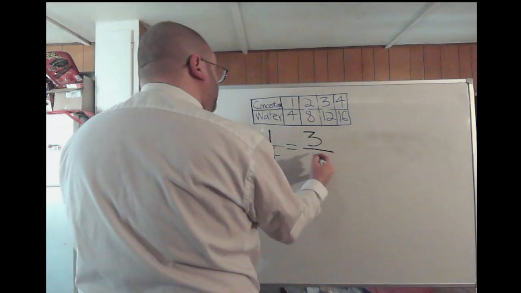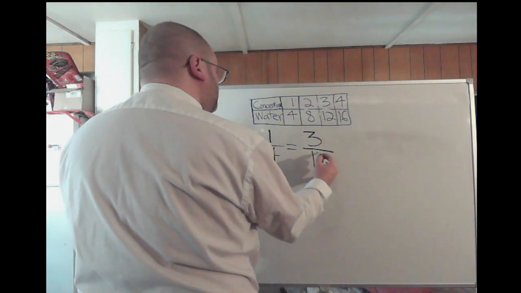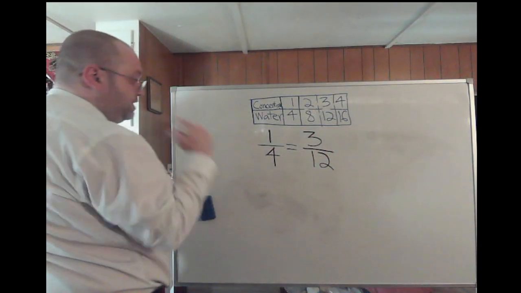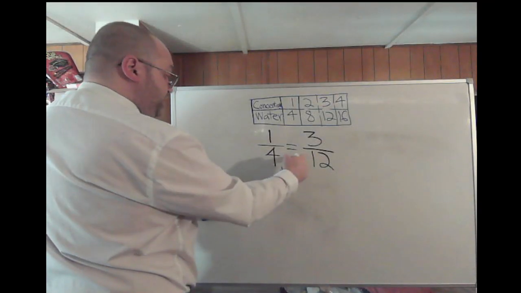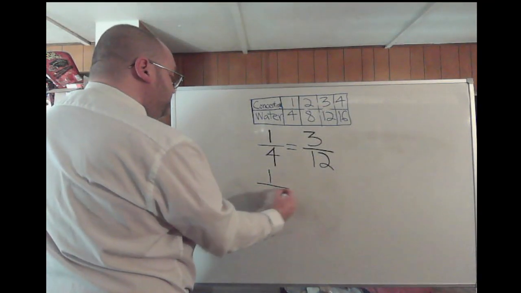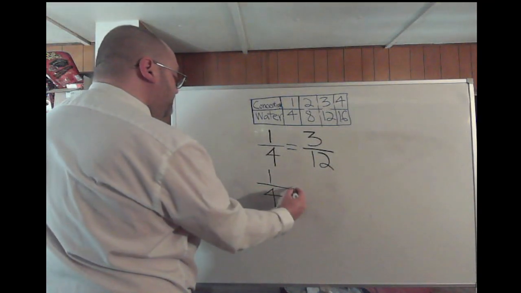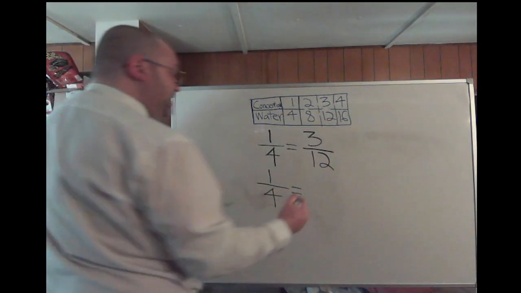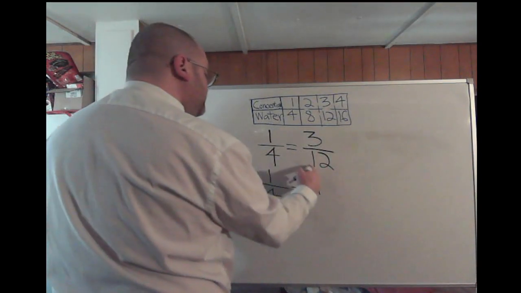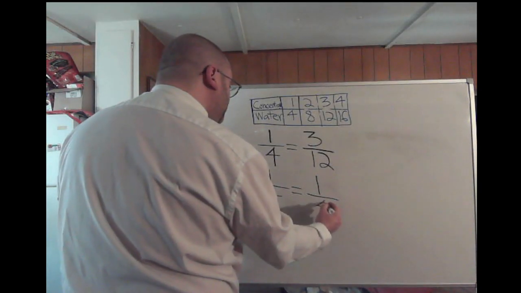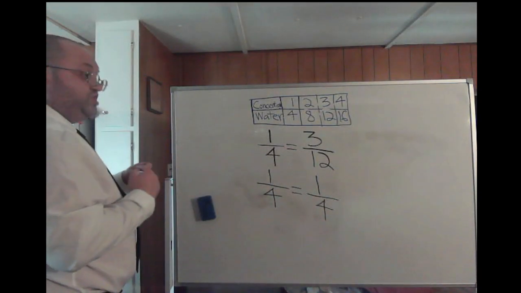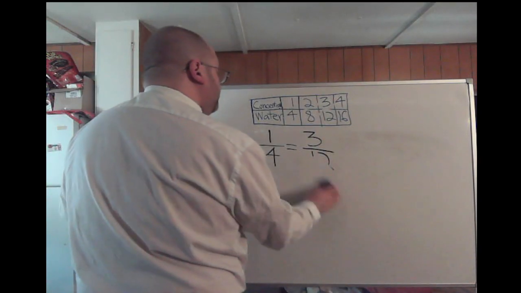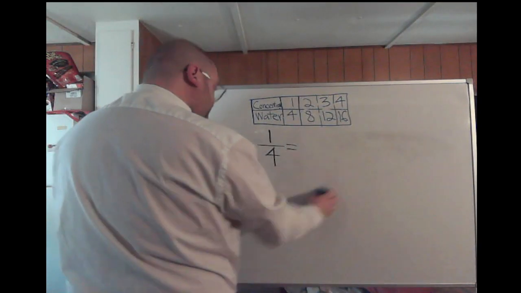So does 1 part concentrate to 4 parts water equal 3 parts concentrate to 12 parts water? Well, 3/12 actually does reduce. You'll still have 1/4. Now, 3 and 12 have a common 3. You divide 3 by 3, you get 1. Divide 12 by 3, you get 4. So far, again, it checks out. The final test is going to be the 4 parts concentrate to 16 parts water.